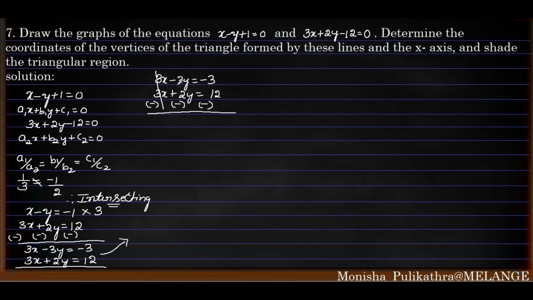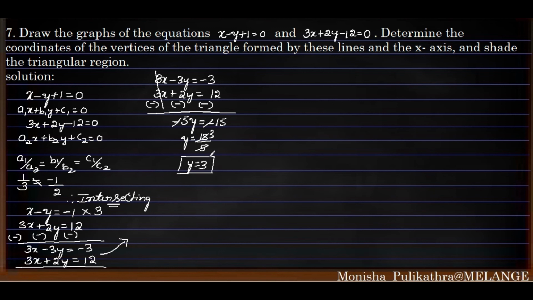Here minus into minus, like signs, we need to do the addition. So 3 plus 2 is 5y, and the larger number's sign is minus here. Next, minus into minus, like signs, we need to add. So 12 plus 3 is 15, and the larger number's sign is minus here. So the minus signs cancel each other. y is equal to 15 divided by 5, and 5 threes are 15. So y is equal to 3.